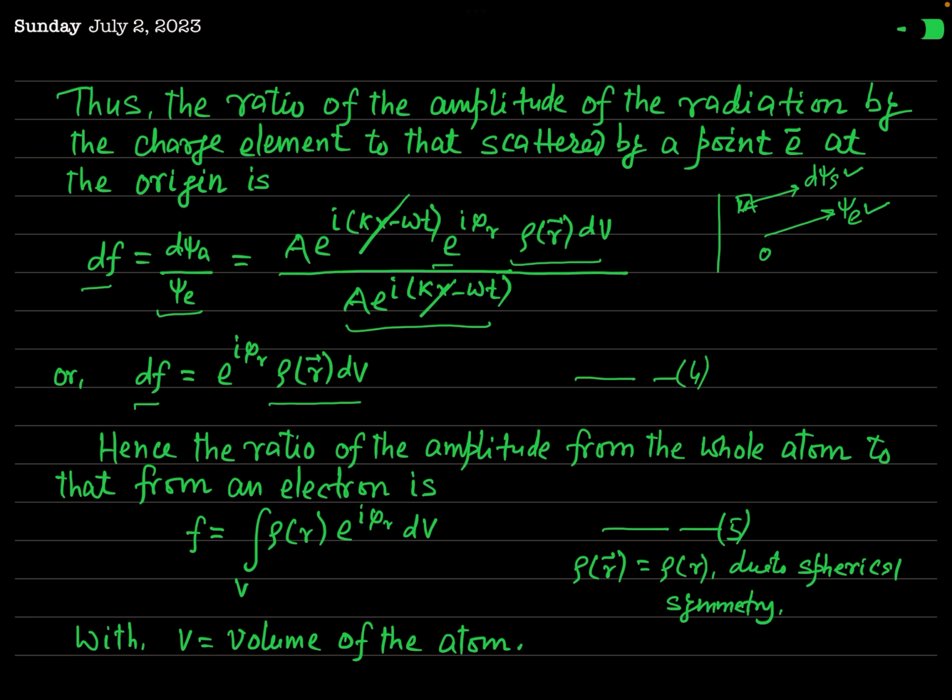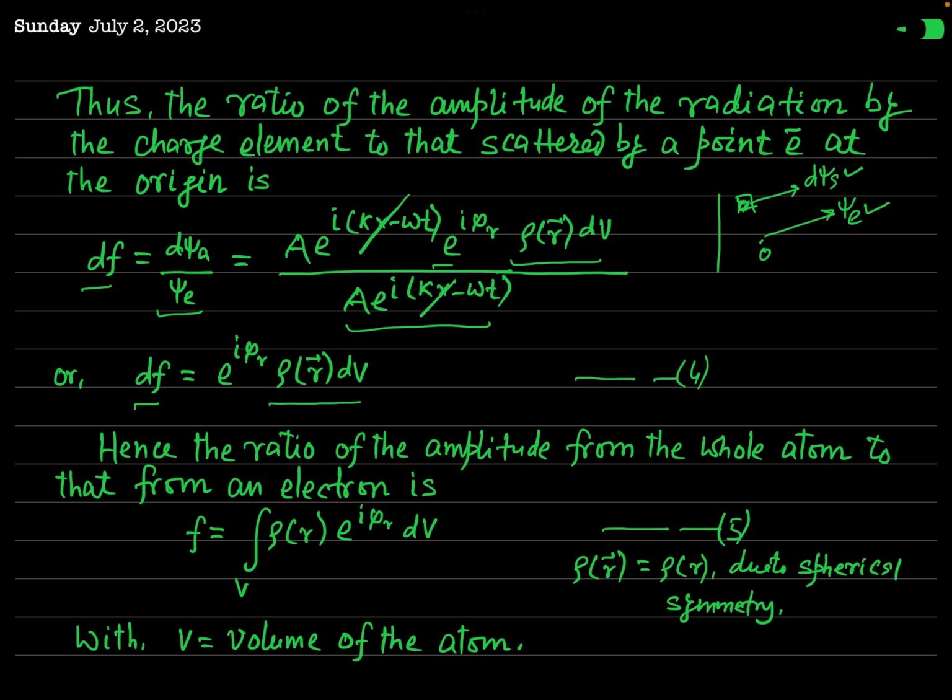This is the ratio of the amplitude of the wave scattered from a volume element of the atom and that due to an electron. But according to the definition of the atomic scattering factor, we have to find the ratio of the amplitude of the wave scattered from the atom as a whole and that of the electron.